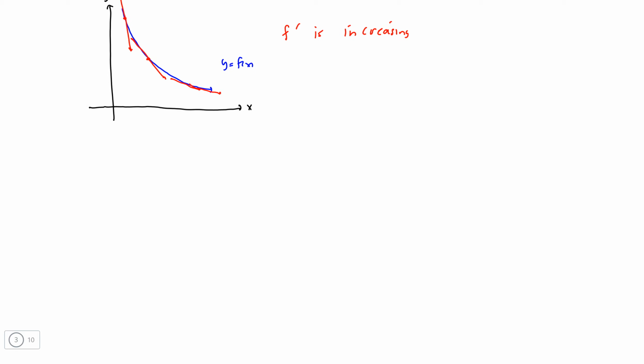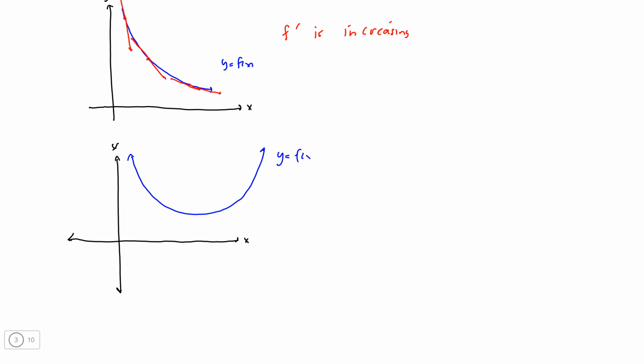So a graph that satisfies either of these conditions is called concave up. A typical concave up graph looks something like this. It could be either side of it, both sides, it doesn't matter. But you can see this is exactly the type of pictures we drew above.